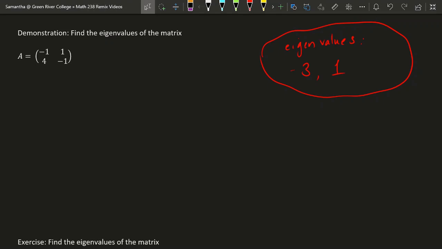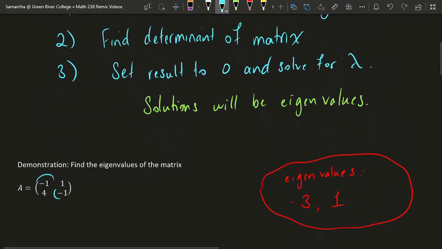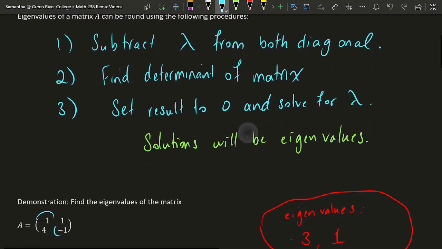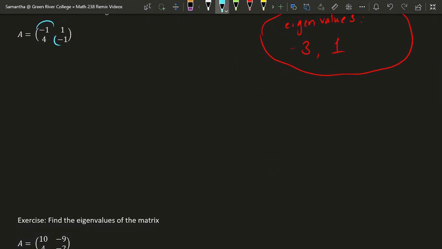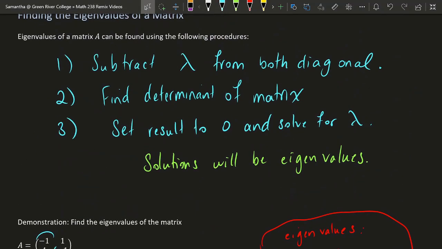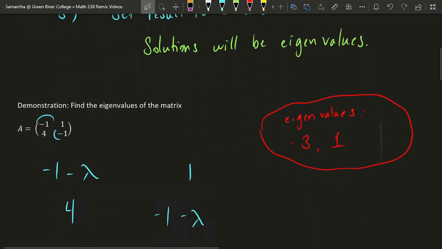I'm going to start by going into this matrix, and for each of the entries on the diagonal, I'm going to subtract this variable called lambda. So now I have the matrix -1 minus lambda in the top left entry. I'm not changing the entries off the diagonal at all. And then I have -1 minus lambda, subtracting lambda from the second entry on the diagonal. Next, I was asked to find the determinant of this matrix.